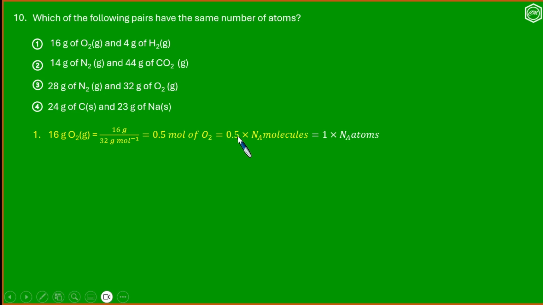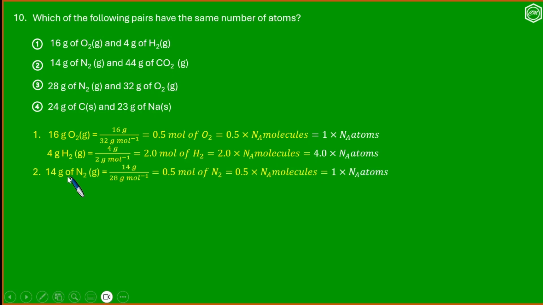Therefore, multiplying this quantity by 2 gives the number of oxygen atoms. 4 gram hydrogen gas, 4 gram by 2 gram per mole, that is 2 moles of hydrogen molecules, 2 into Avogadro number of molecules, and one hydrogen molecule contains 2 atoms. Therefore, multiplying this quantity by 2, that is 4 into Na atoms. Therefore, this pair will not contain equal number of atoms.